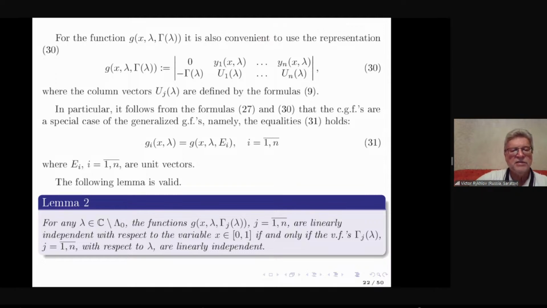The following lemma is valid. Lemma 2. For any lambda from the set C minus lambda 0, the functions g of x, lambda, gamma_j, j from 1 to n, are linearly independent with respect to the variable x on (0,1) if and only if the vector functions gamma_j of lambda, j from 1 to n, are linearly independent with respect to lambda.